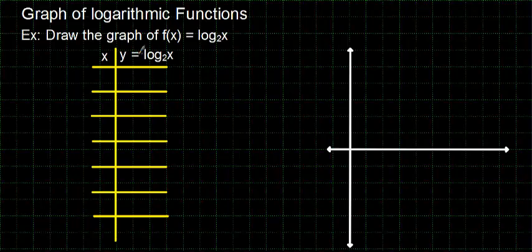To draw the graph of the logarithmic function logarithm base 2 of x, we need to be careful about the x values that we choose, because x must always be greater than 0.